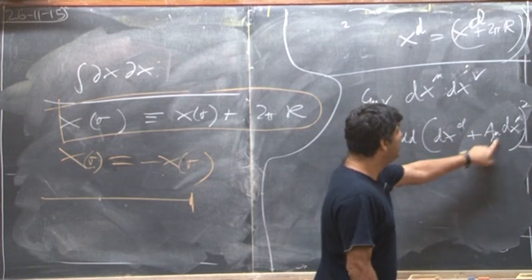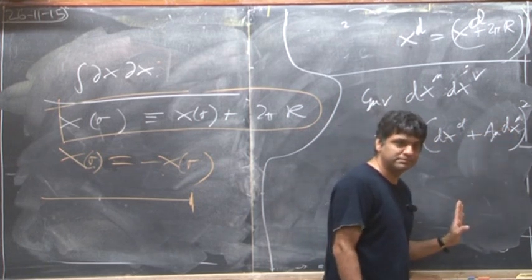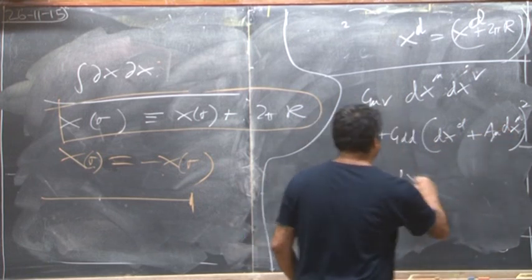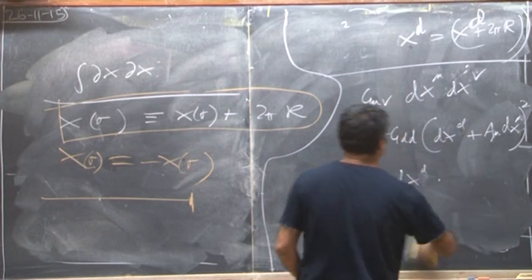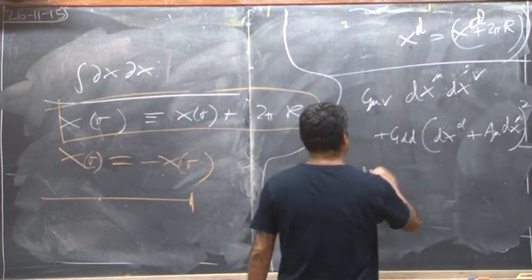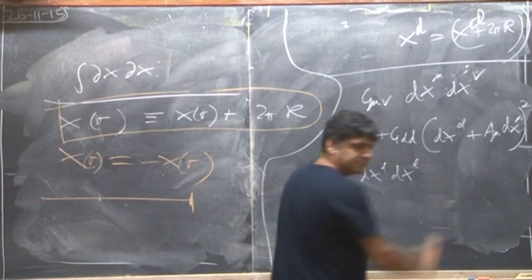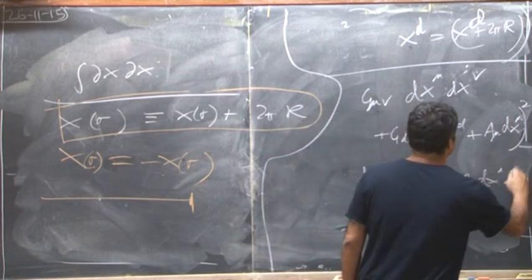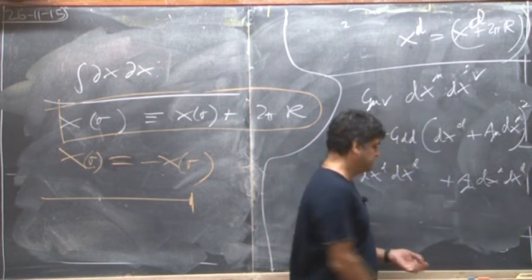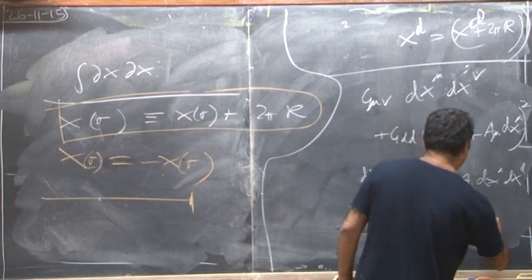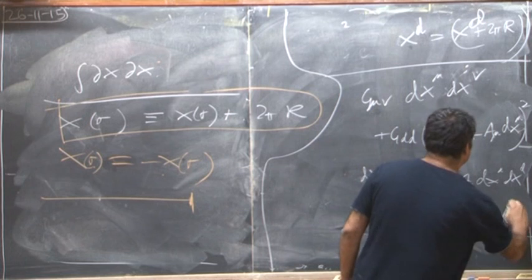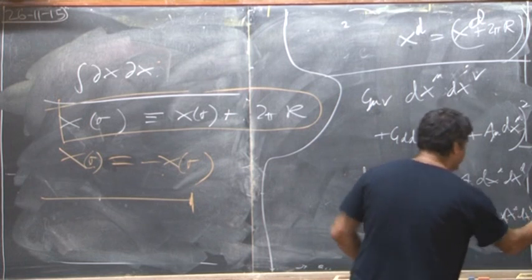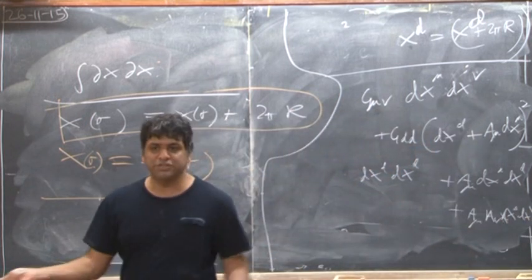You see, there's no mu index hanging around. So let's expand this. There's a term that's dx^11 dx^11, there's a term that's A_mu dx^11 dx^mu, and there's a term that's A_mu A_nu dx^mu dx^nu. These are all legitimate terms you can have in a metric.